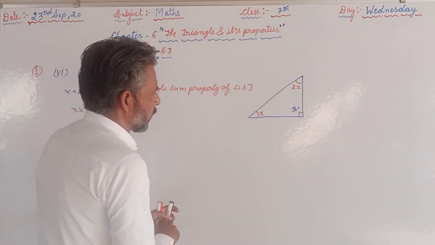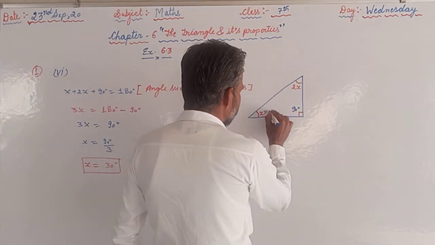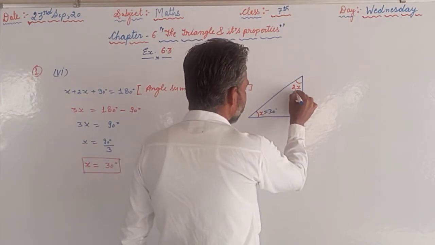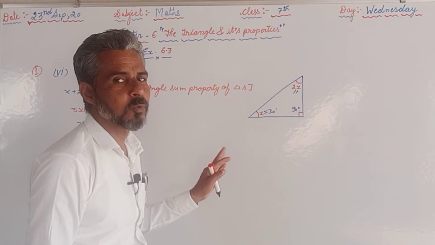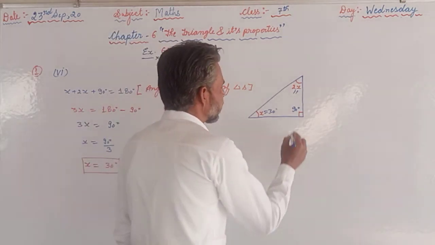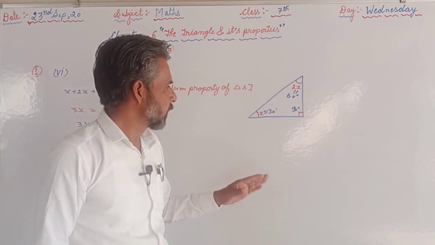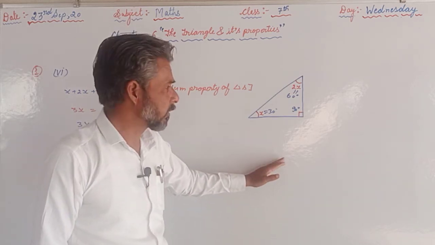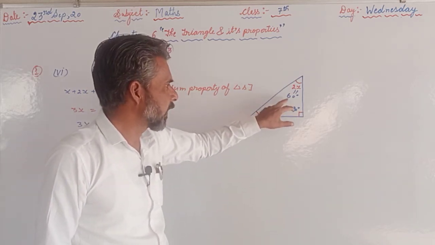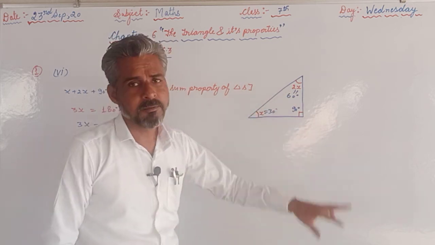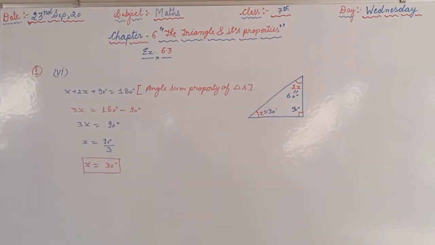So that is x, so that will be 30 degrees, and 2x means 2 into x, 2 into 30, that is 60 degrees. So the measurements of the angles of this triangle will be 30, 90 and 60. If we add all, we will get 180 degrees. So like this, our question number 1 has been completed.